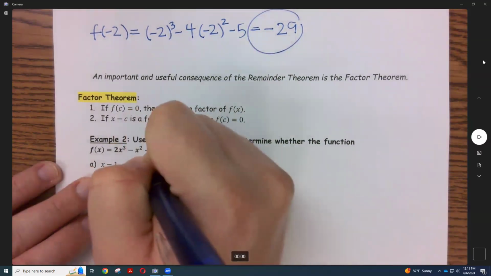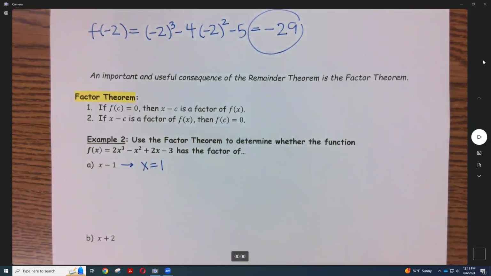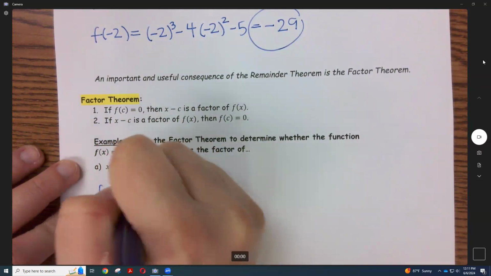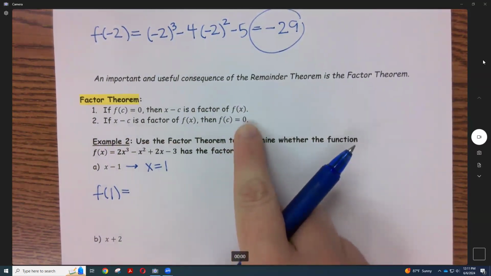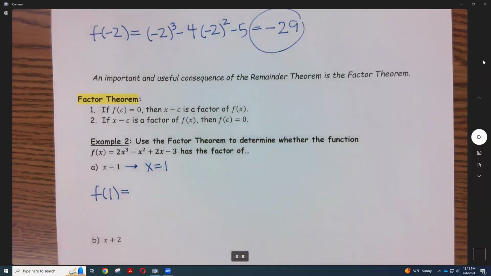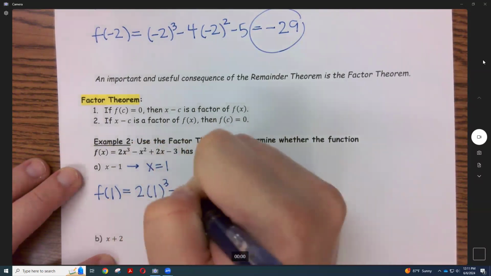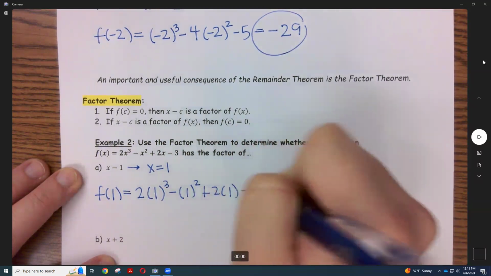So we really treat this the same way. We're wanting to know, do we have an x-intercept at x equals 1? So plug it in. We're going to find f of 1. And what I am wanting to know is when I plug it in, do I get 0? If I get 0, then this is a factor or an x-intercept. If I don't get 0, then it is not. So we have 2 times 1 cubed minus 1 squared plus 2 times 1 minus 3.